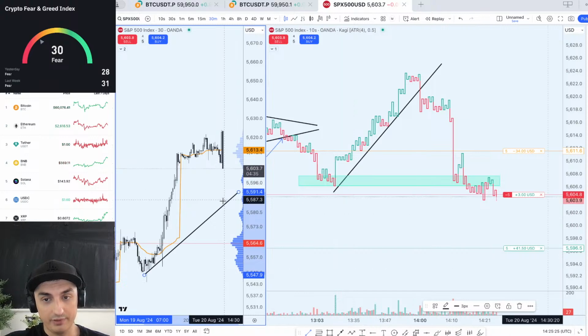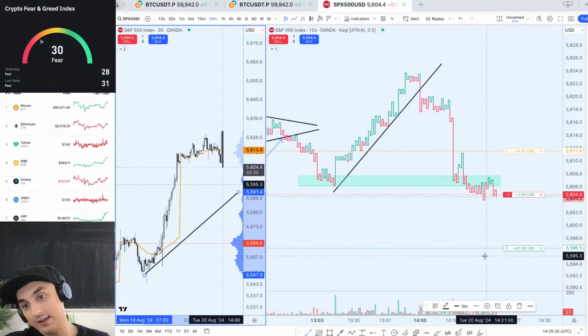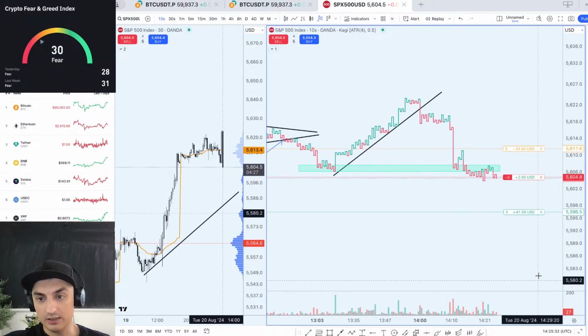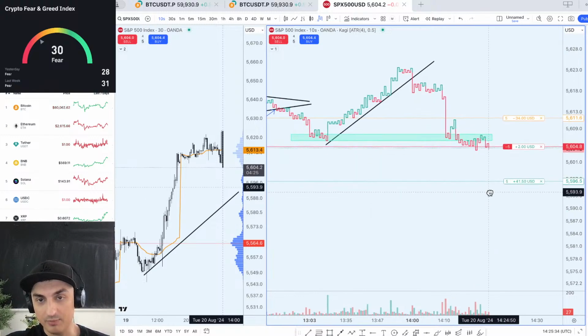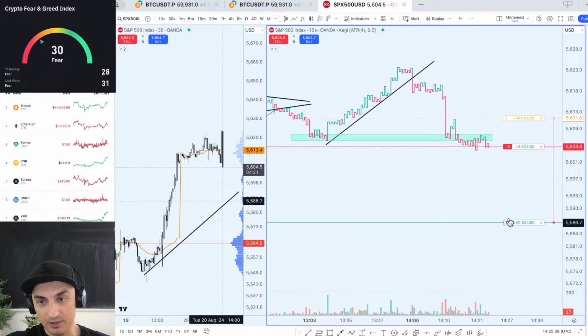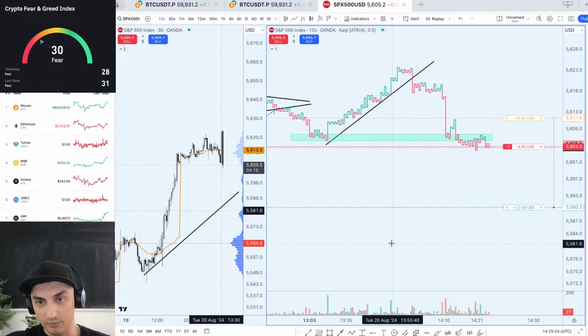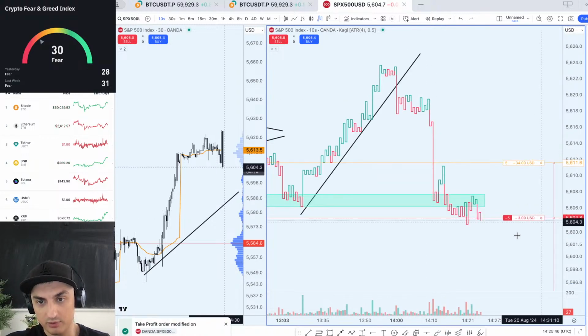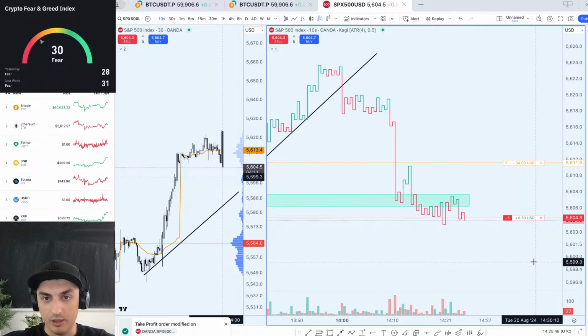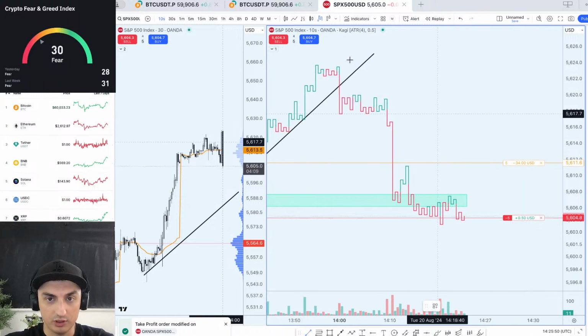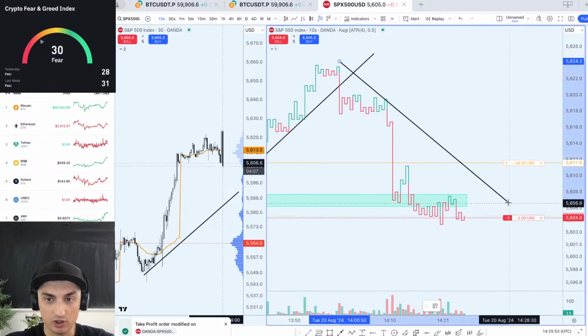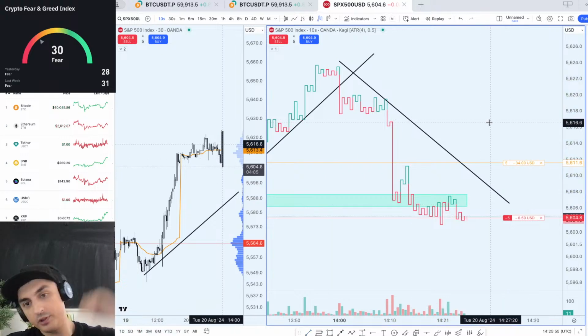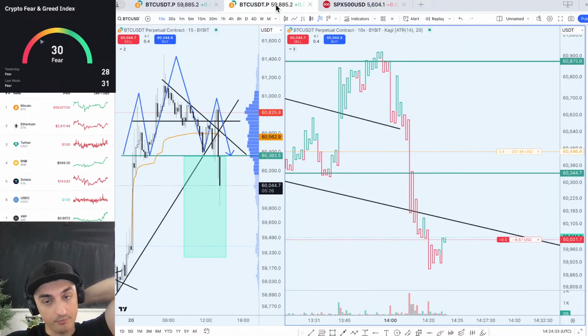I'm really looking to go down to 5,590s at least on the S&P, and possibly 5,588, 5,585. I'm going to trail this one and maybe add more to the position if we get some rejections over here.